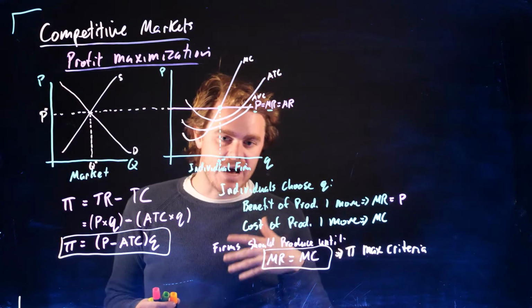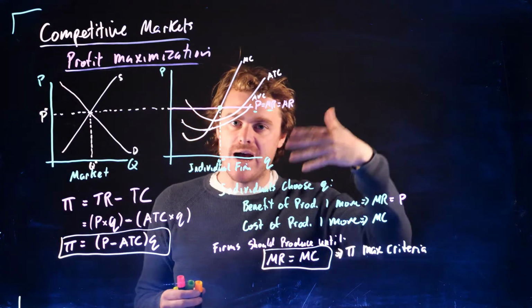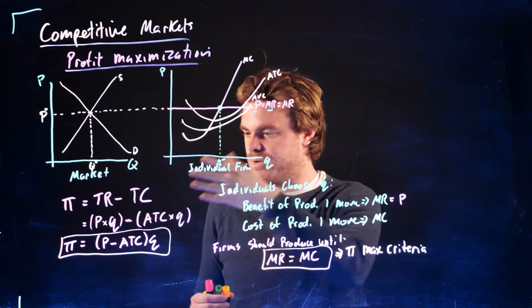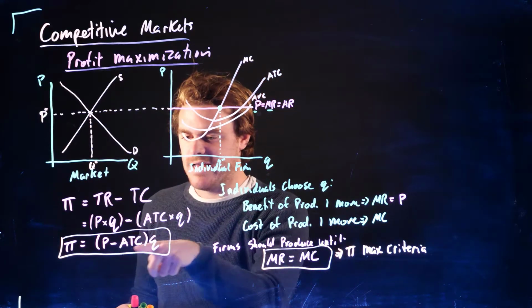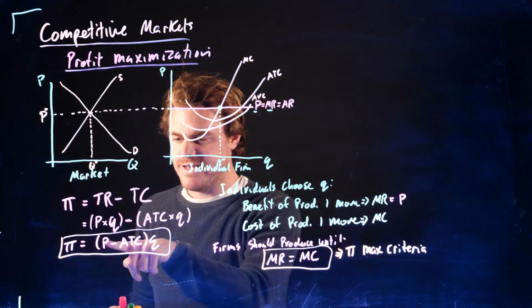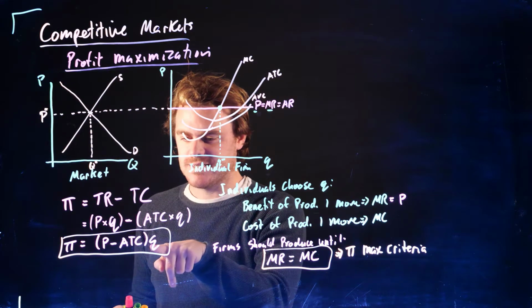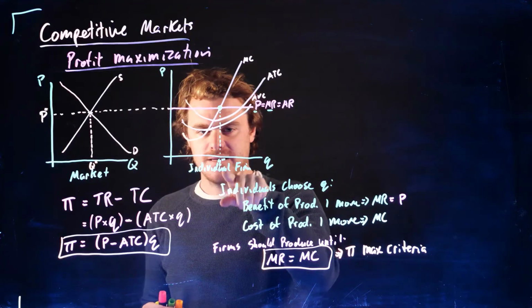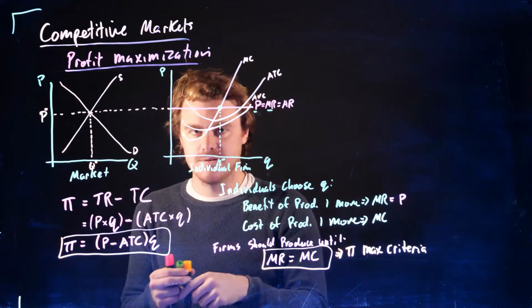Now we can think about how to calculate profit. That's how we figure out how much they should produce, and now that we know it, we can think about what this area is on this graph: price minus average total cost times quantity. Well, here's the quantity they're producing.